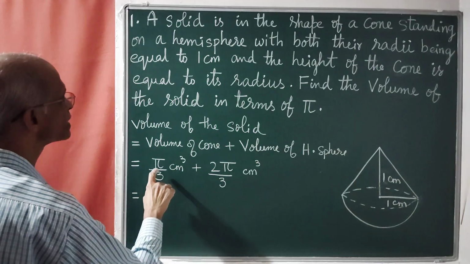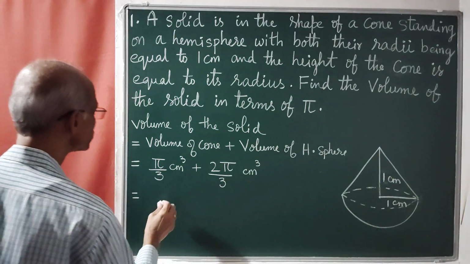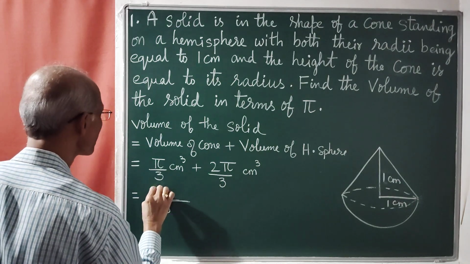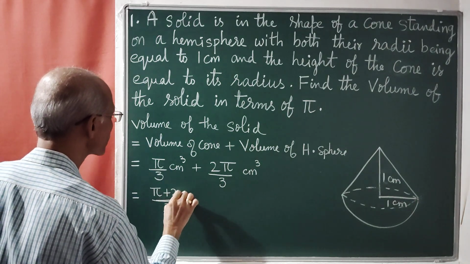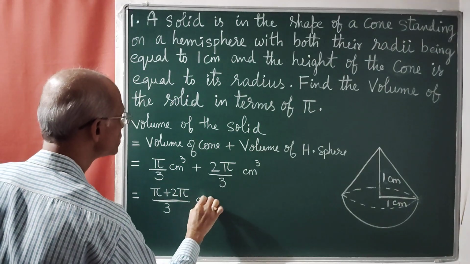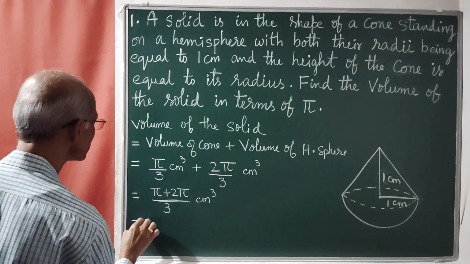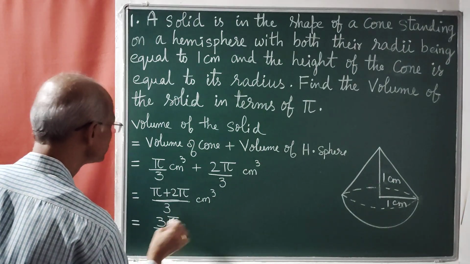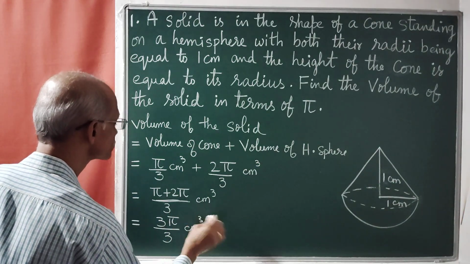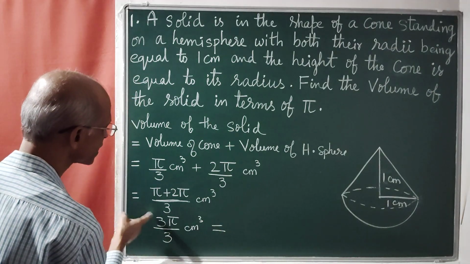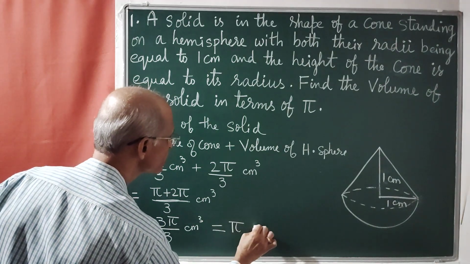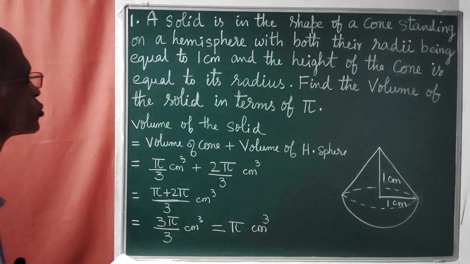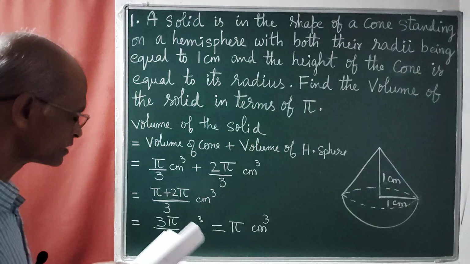They both are like fractions, so it will be 3 pi by 3, that's equal to pi centimeter cube. So the volume of the solid is pi centimeter cube.